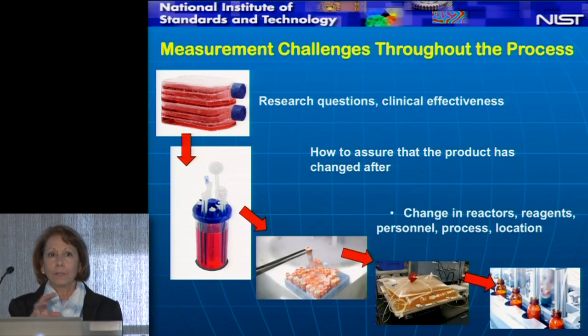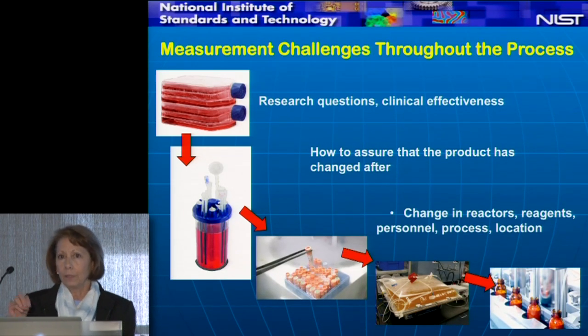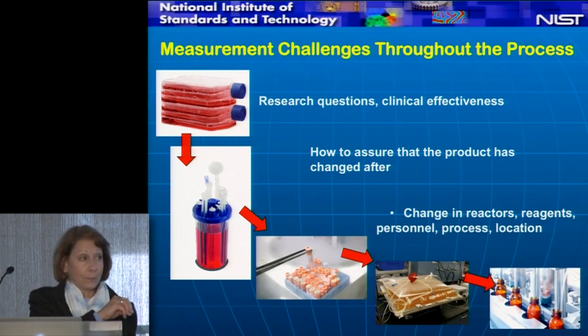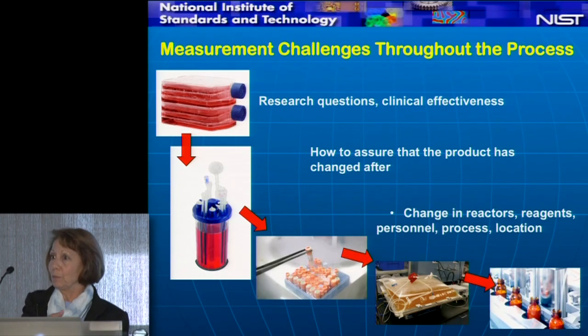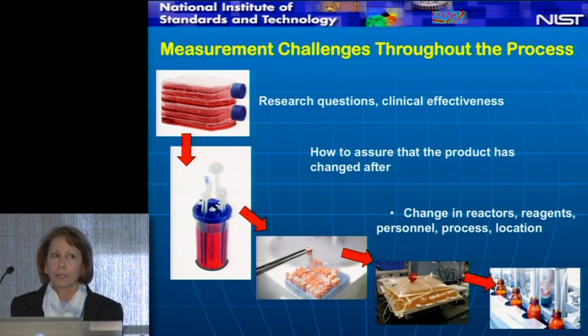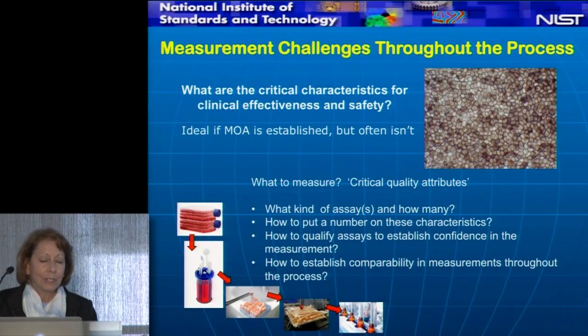How do you know that what you have today is what you had a year ago, because it's going to take many years to develop a product? That's where the rubber hits the road with respect to really having a good measurement system, a good measurement process. Also, the measurements are going to change over time as you learn more about your product.